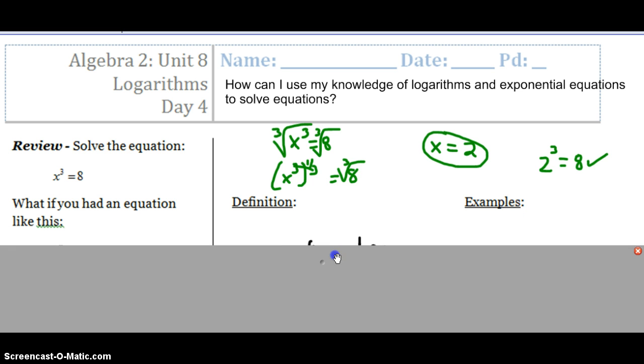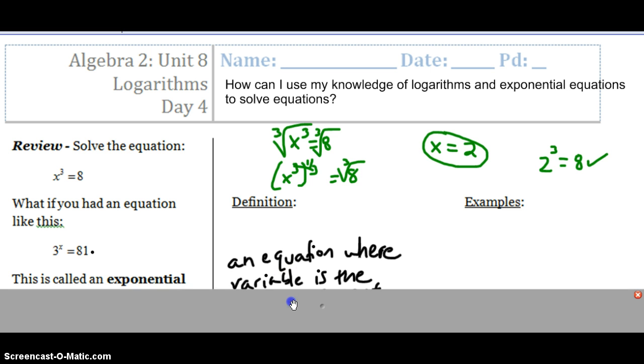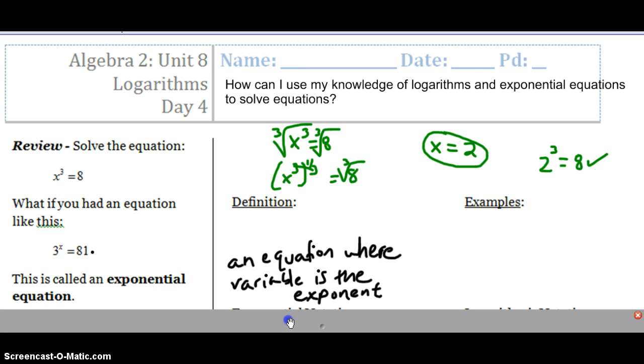Alright, now if we had an equation where the exponent is the variable, that's what we call an exponential equation. That's an equation where the variable is the exponent. So if we had this example, 3 to the x equals 81, remember we could solve it by thinking about what power, 3 to what power would be equal to 81.